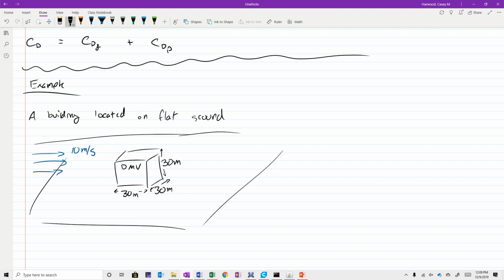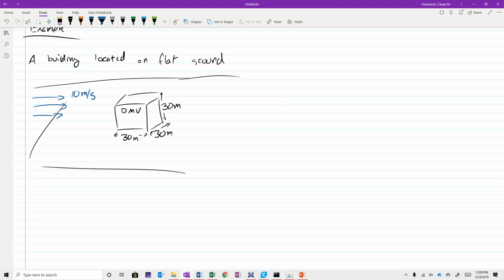And we're going to assume here that the air has a kinematic viscosity, nu, of 1.5 times 10 to the negative fifth meters squared per second, and the density is 1.23 kilograms per meter cubed.